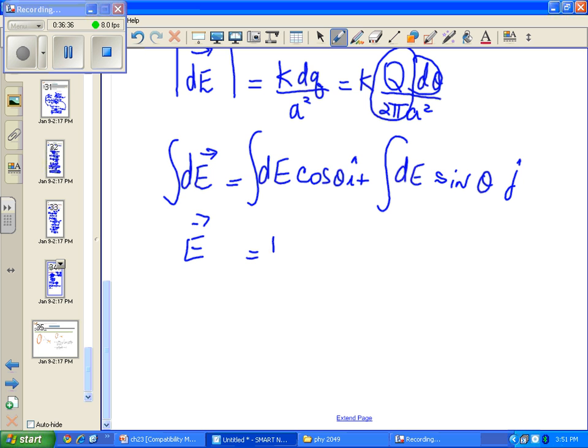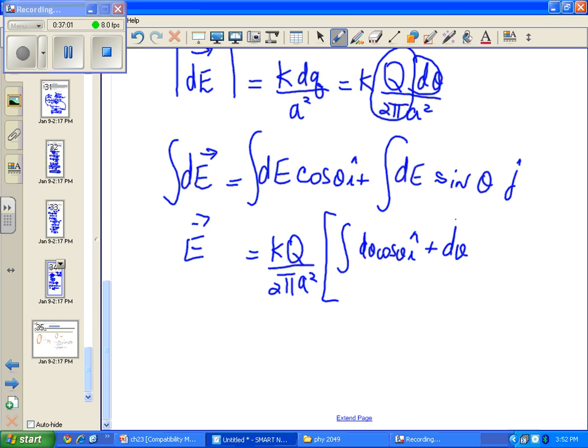Well, dE itself is k big Q over 2 pi a squared times d theta. These are all constants, and they can come out of the integral. So then this becomes the integral of cosine theta d theta i hat for the first, plus the integral of sine theta d theta j hat.